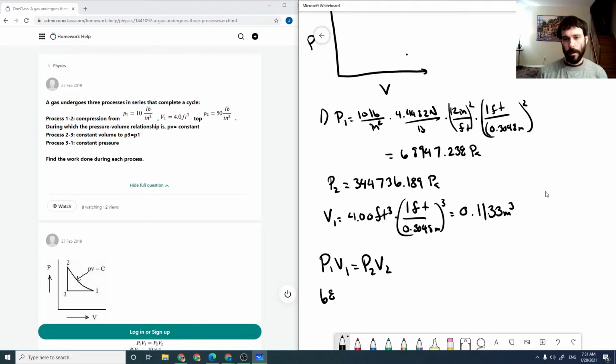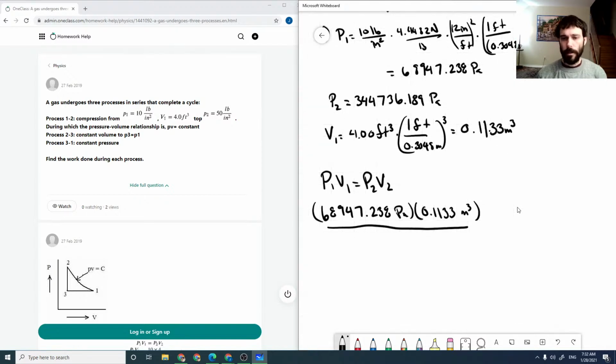So 68947.238 pascals times 0.1133 meters cubed over our second pressure, 344,736.189, is equal to our second volume. So our V2 is 0.0227 meters cubed.